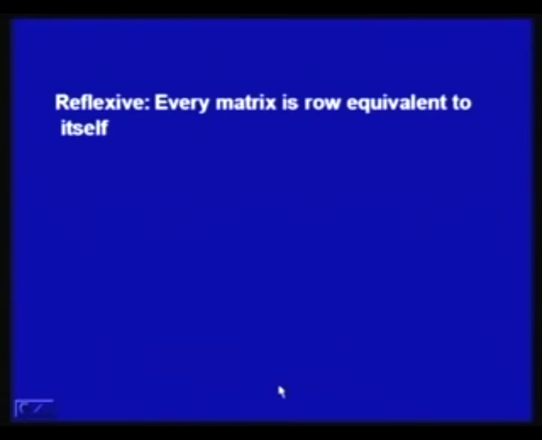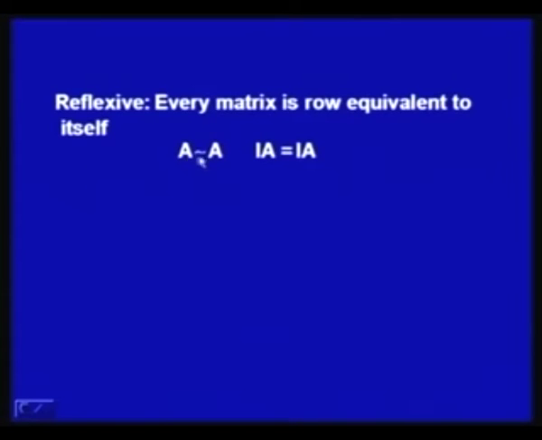So, if you can write B is equal to P inverse A, then A and B are row equivalent. Now, this row equivalence is actually an equivalence relation. For that we have to prove that the relationship is reflexive. By this I mean to say that every matrix is row equivalent to itself. The proof is simple.